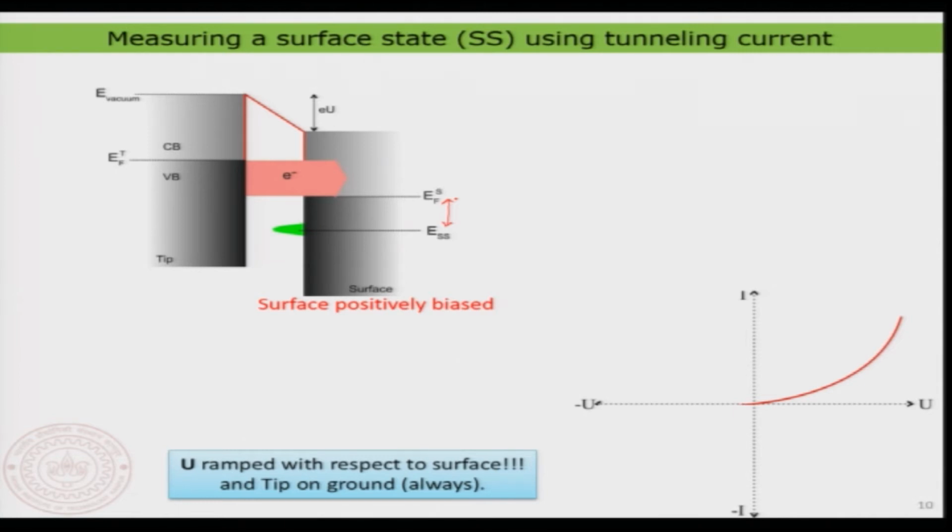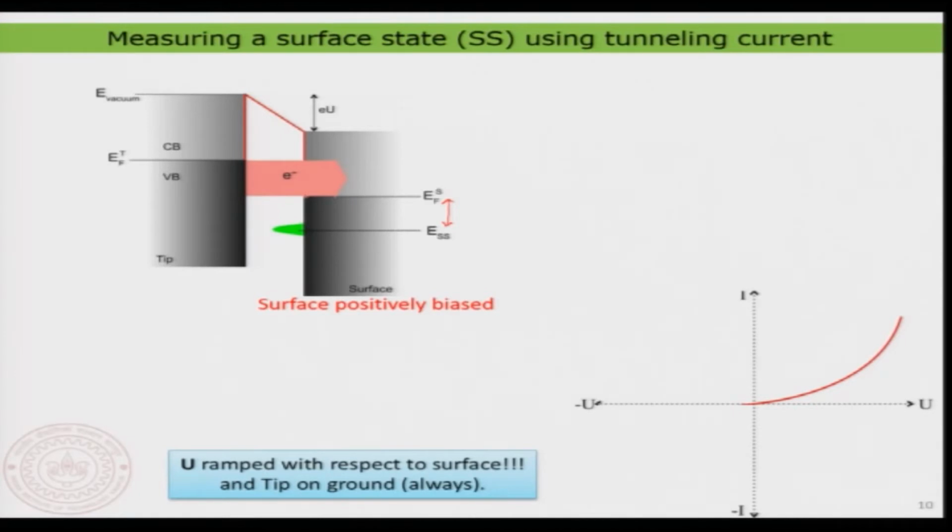I have already told you the current-voltage characteristic is nothing but the spectroscopy eventually. Since the density of states is constant for the unfilled bands, as you have already seen, here the density is constant for the unfilled bands of the surface, and the density of states of the tip is constant near the Fermi level.